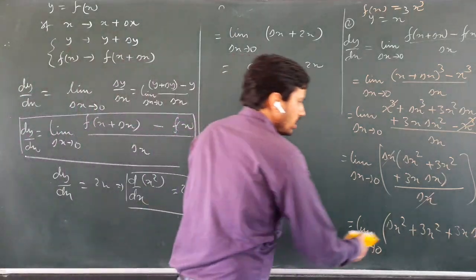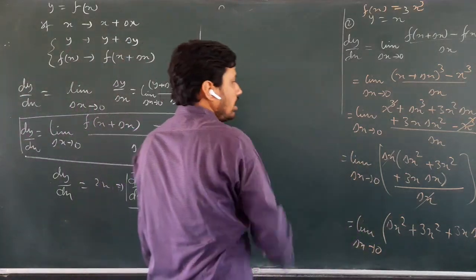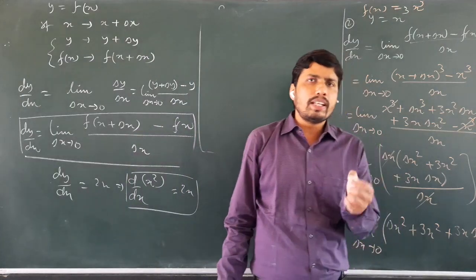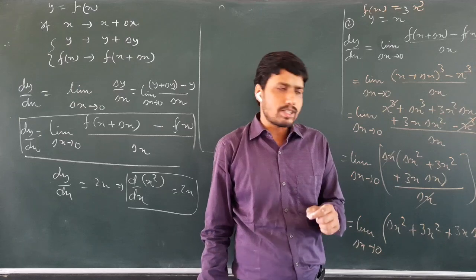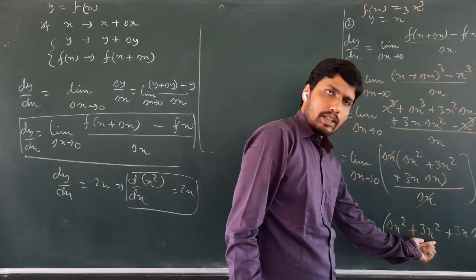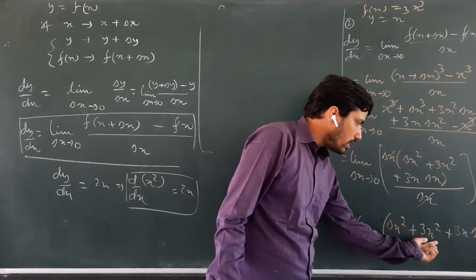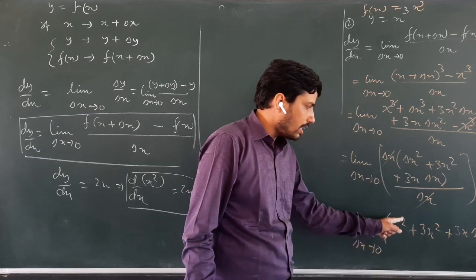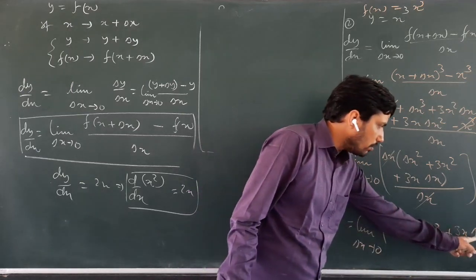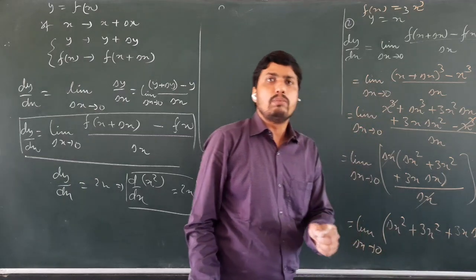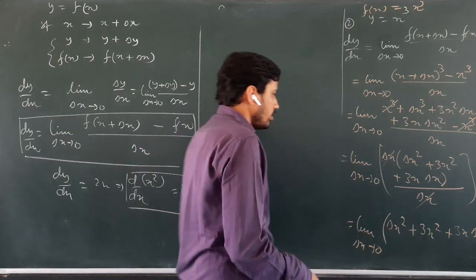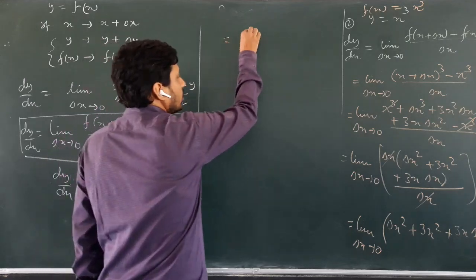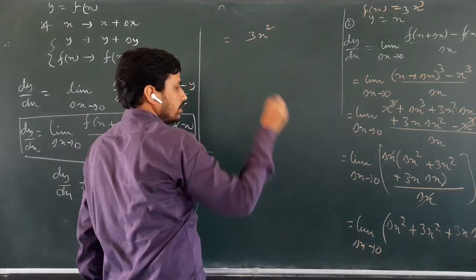Now see, we have nothing in the denominator. Now what I have told, delta x is a very small, negligibly small entity. In comparison to 3x square, this term delta x square and this term 3x delta x will be neglected. In other words, we will set delta x to be 0. So the answer will be 3x square.